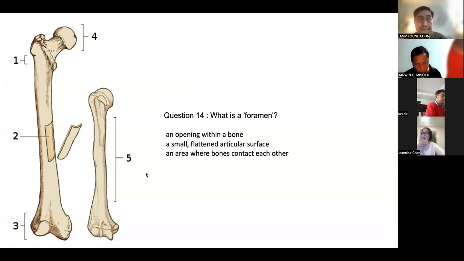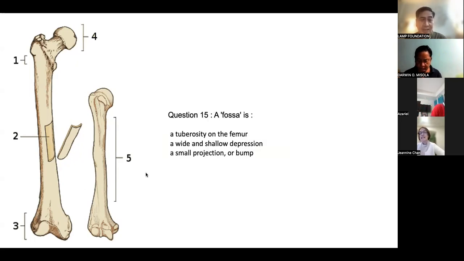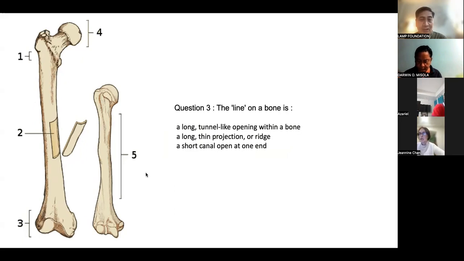What is a foramen? An opening within a bone. A fossa is a wide and shallow depression. The term fovea refers to a small pit or depression. A labyrinth is a cavity within a bone. The line on the bone is called a long thin projection or ridge.